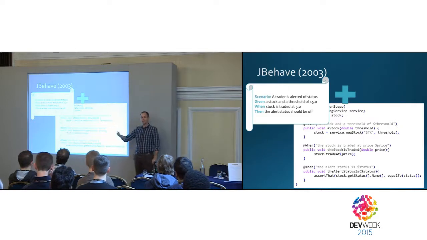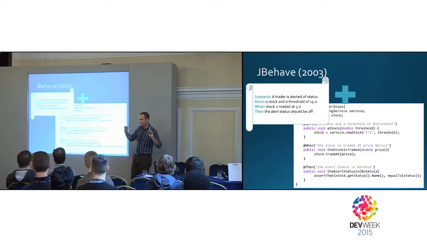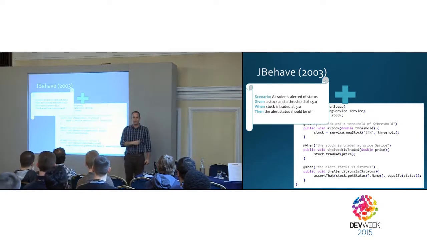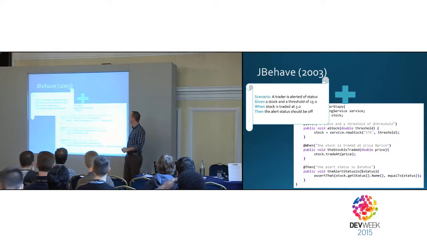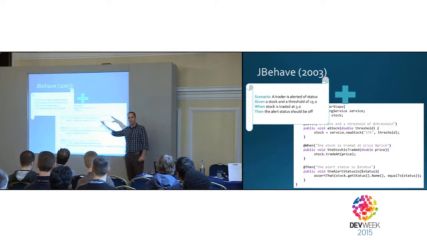This is the second iteration. And the idea is I have at least two documents. One is a plain text document for the business guys to read and write. The scenario: trader is alerted of status. Given stock and threshold 15, when the stock traded down to 5, then alert should be off. That's the business people.